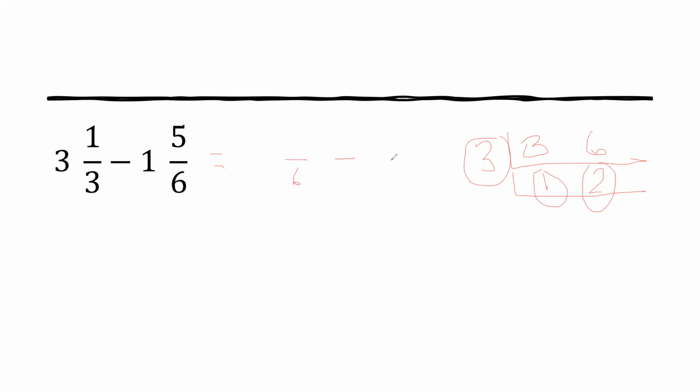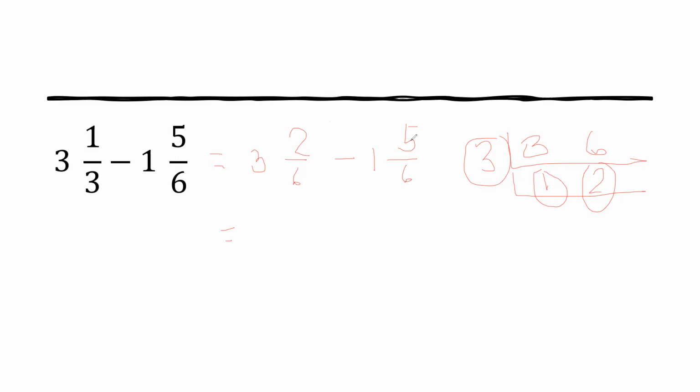Copyhin ko muna yung mga whole number. 6 divided by 3, 2. 2 times 1, 2. 6 divided by 6, 1. Times 5, 5. So now, focus tayo sa fraction minus natin. 2 minus 5.